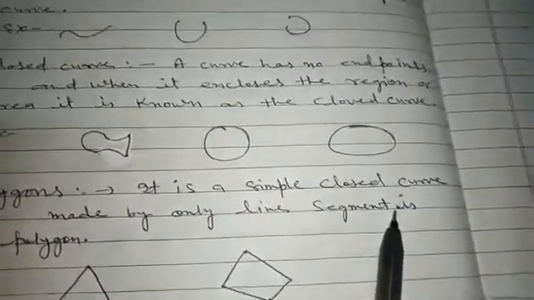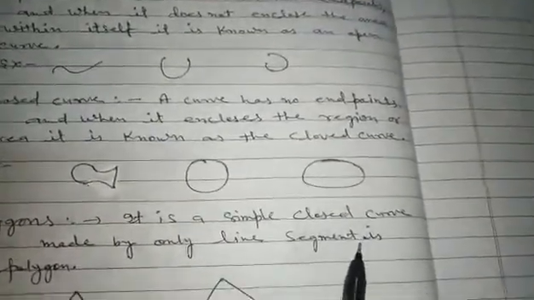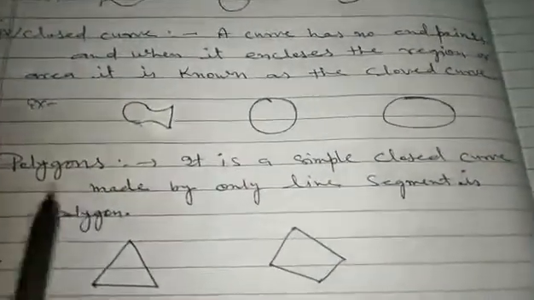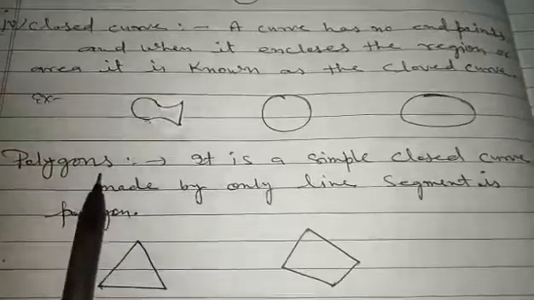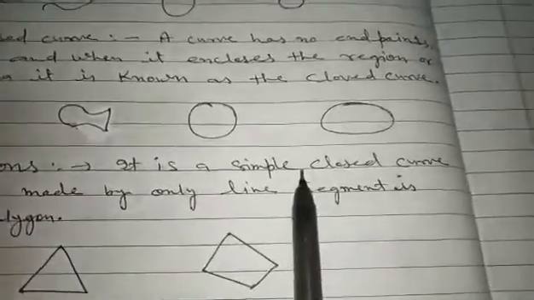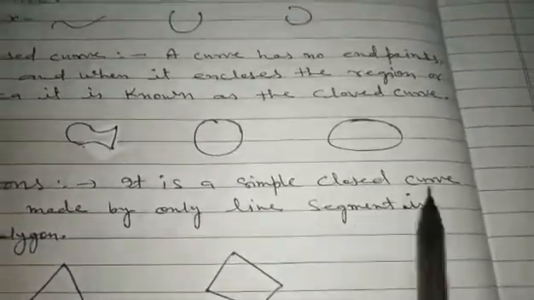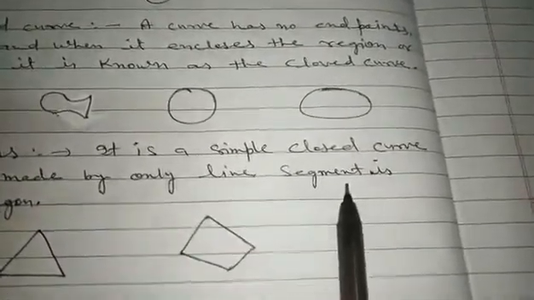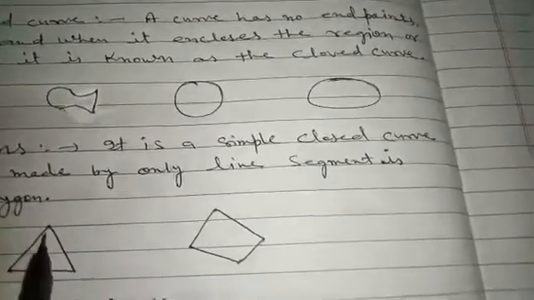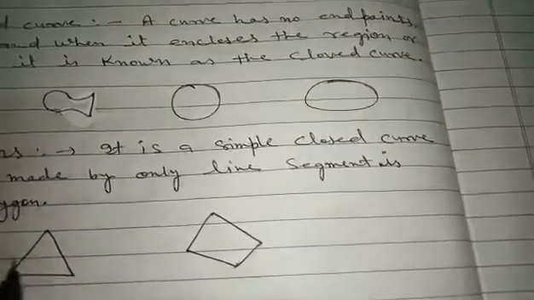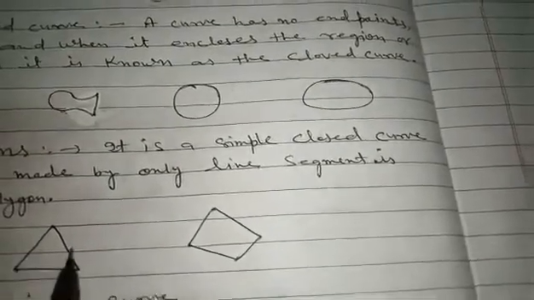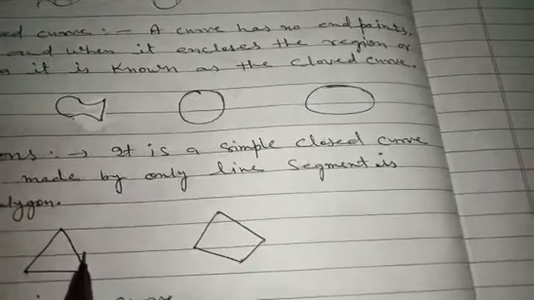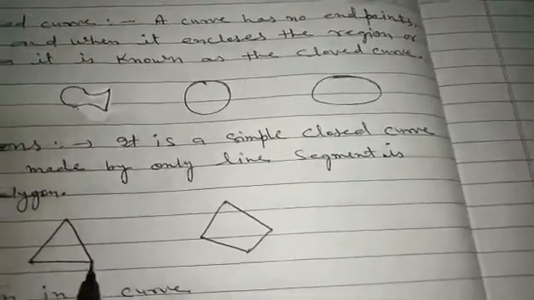Next topic is polygons. So there are 4 types of curve, is it clear? After curve we study polygon, because polygon is related to curve. A polygon is a simple closed curve made by only line segments. Suppose this is a simple closed curve because its lines do not intersect, so it is closed and simple.